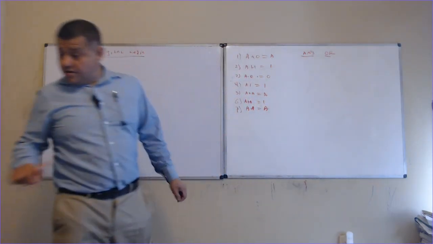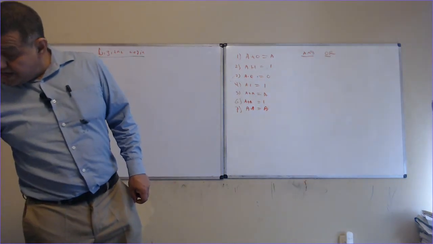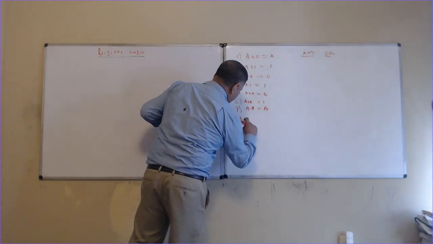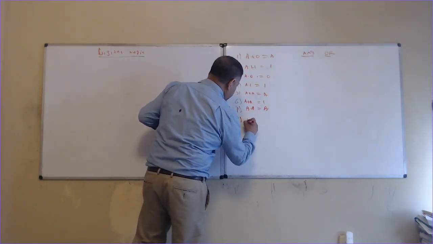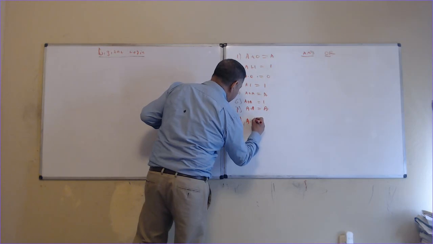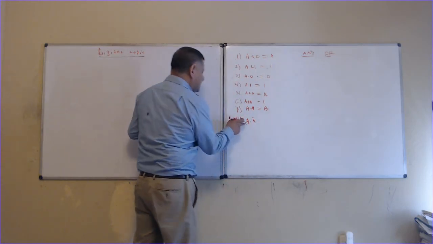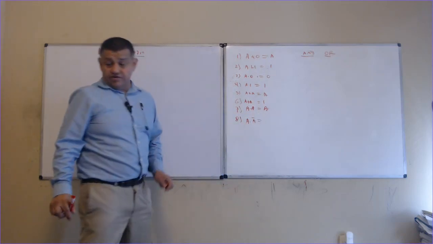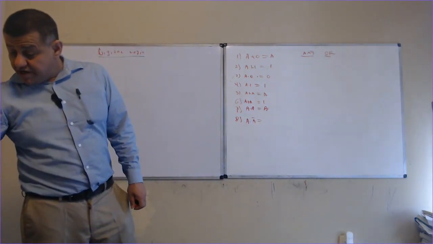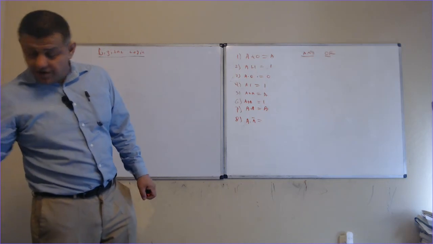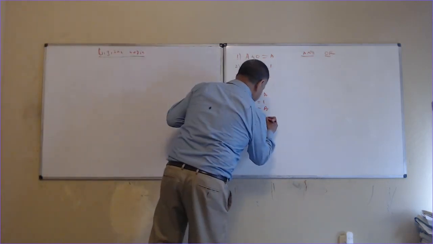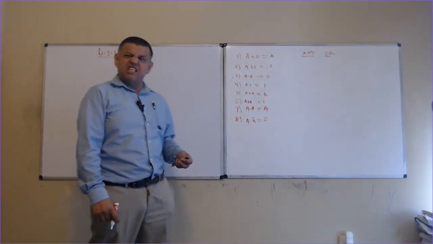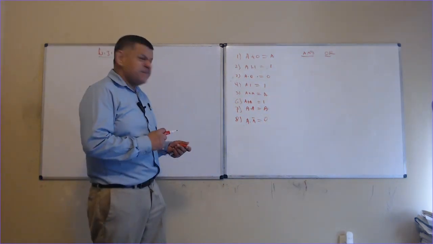And then number 8. Number 8 is A and not A is equal to, in this case, 0. And that's how logical things are, and that's why it's one of my favorite subjects, because that's what makes sense in human reality.